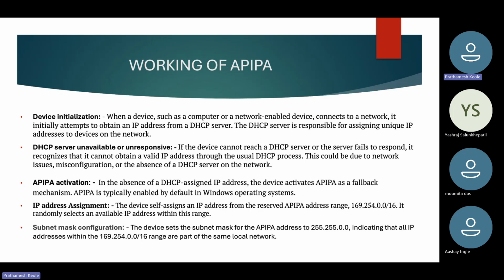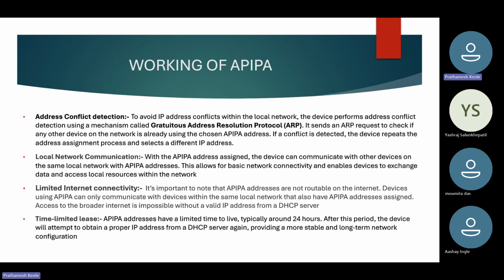To avoid IP conflicts within the local network, it performs conflict detection using a mechanism called gratuitous Address Resolution Protocol. In this, the device sends an ARP request to check if any other device in the network has the same IP as it. If it has, then the device repeats the IP address assignment process and obtains a different IP address.